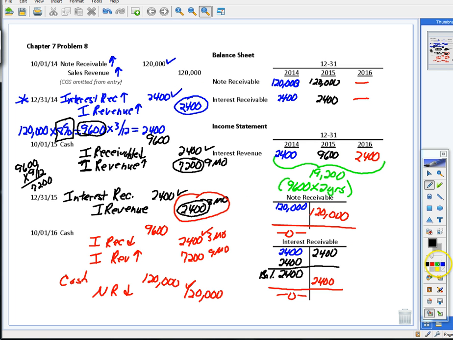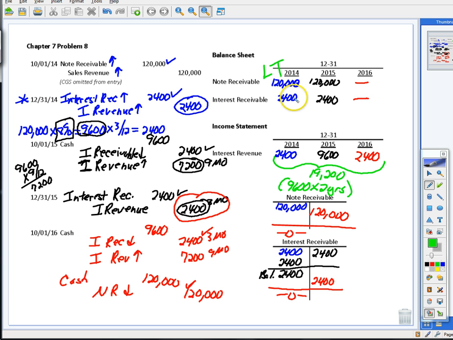One last point. Let's talk about the balance sheet and connect this with what we've studied before. We have 2 assets. So in 2014, are these assets current assets or long-term? Well, at this point in time, these are not going to be collected until 2016. That makes that a long-term asset.